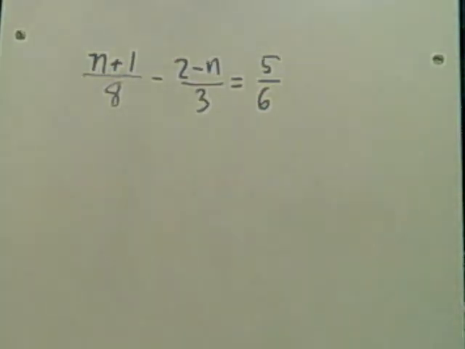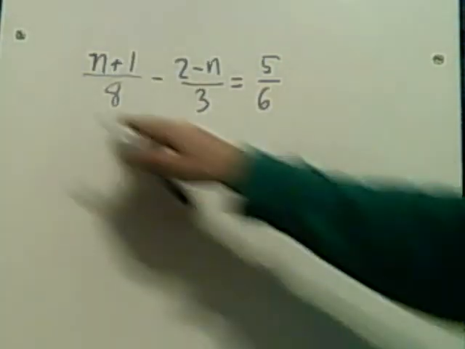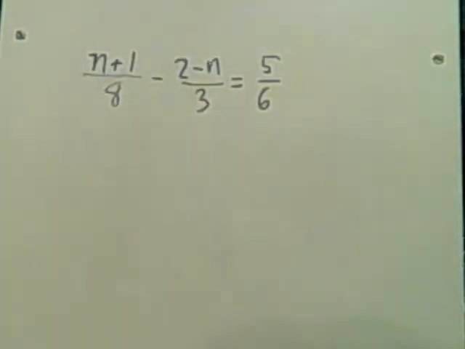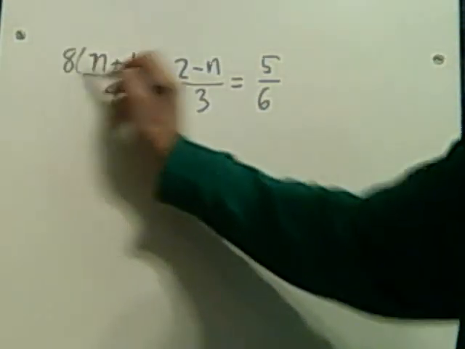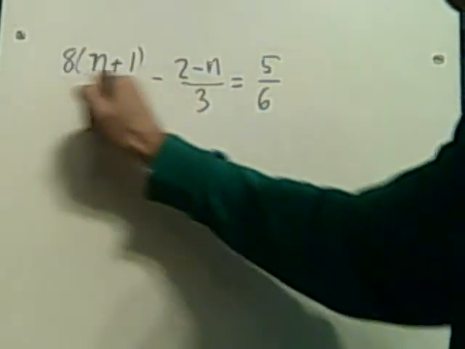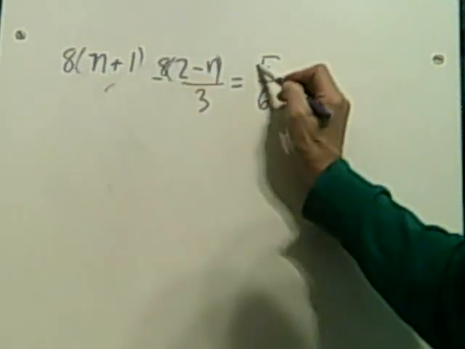Okay, so now how are we going to clean this up? Well, we're going to multiply through to get rid of these numbers on the bottom. I'm going to multiply through by 8, for example. Get rid of that, and I'm going to have an 8 here, and an 8 up here.